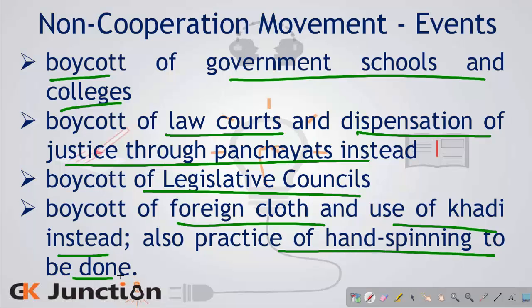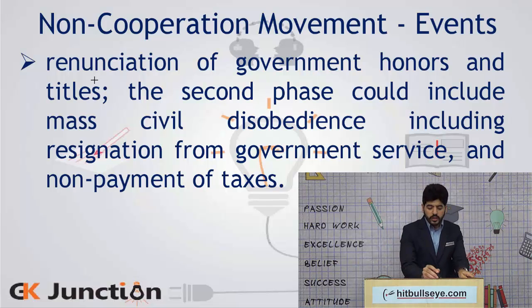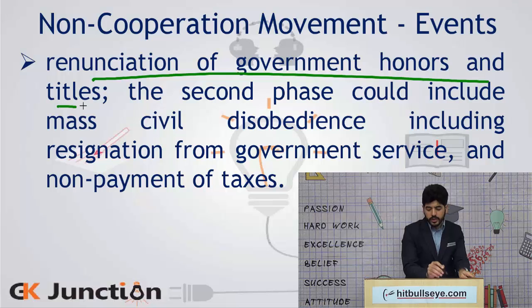All this was done just to promote Indian goods and to demotivate the foreign industry which was coming into India. In the non-cooperation movement, we also had renunciation of government honors and titles.